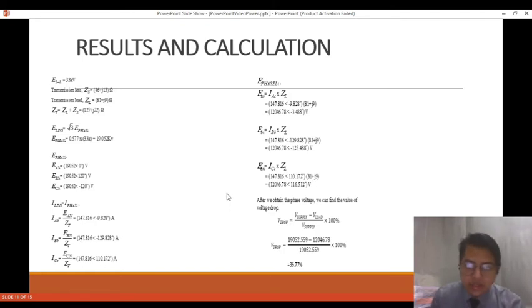After that, we continue with E phase, and after we obtain the E phase, we can find the value of the voltage drop. The V drop is V supply minus V load over V supply times 100%. And I got the V drop value is 36.77%.